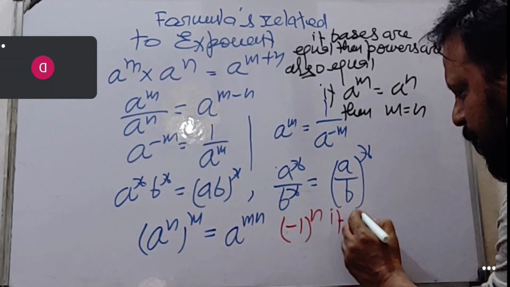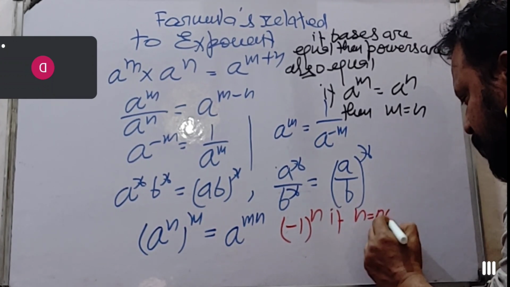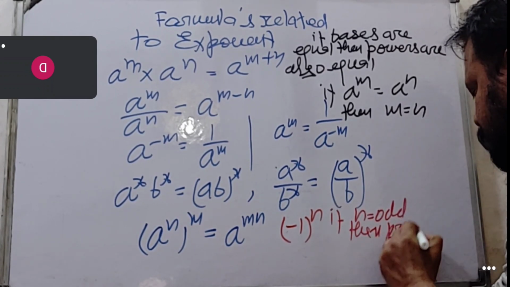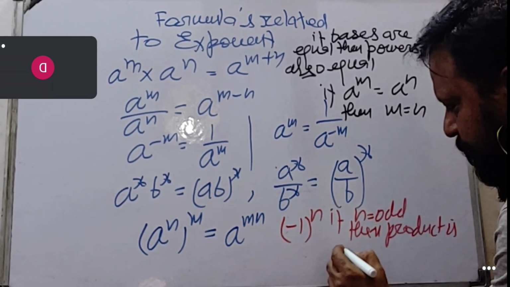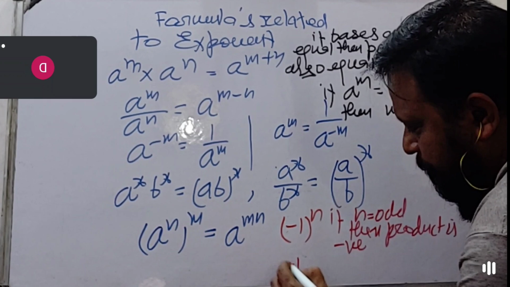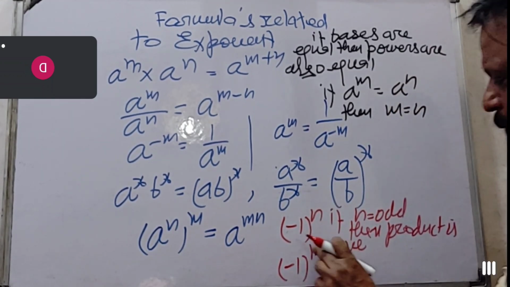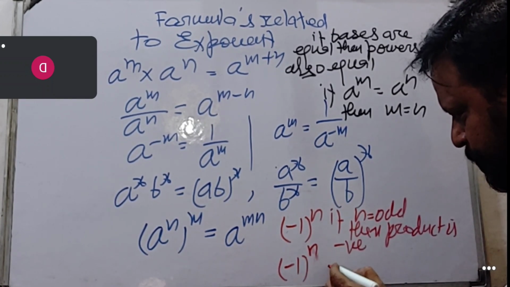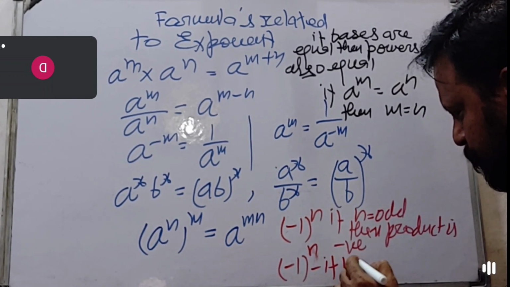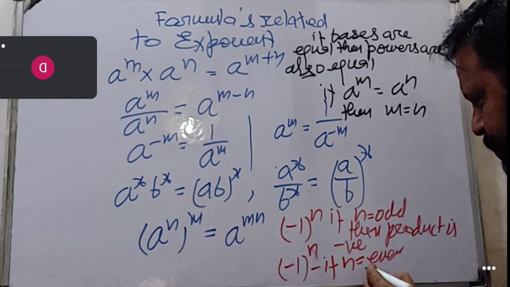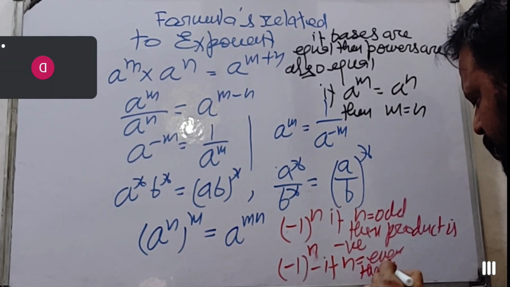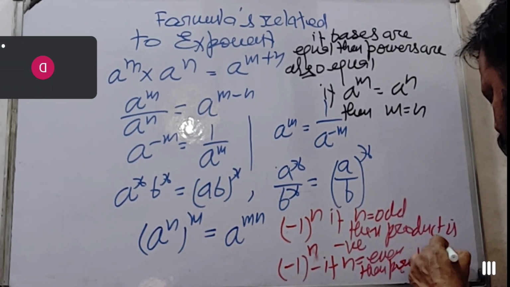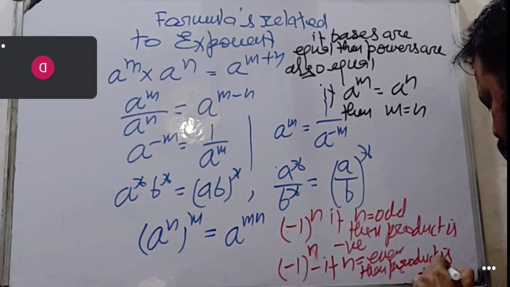So if n is an odd number, then the product is negative, and minus 1 raised to the power n, if n is even, then the product is positive. Fine.